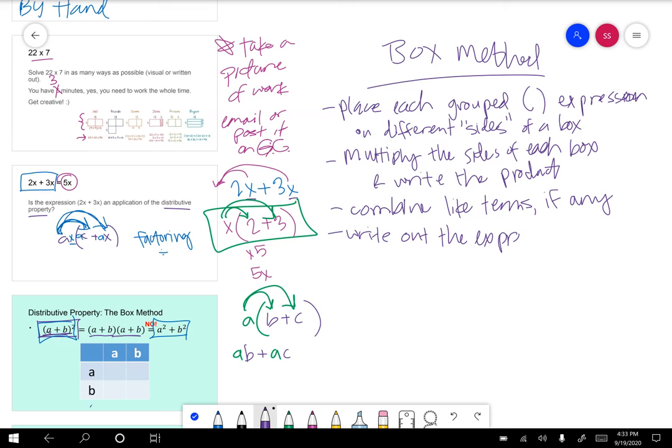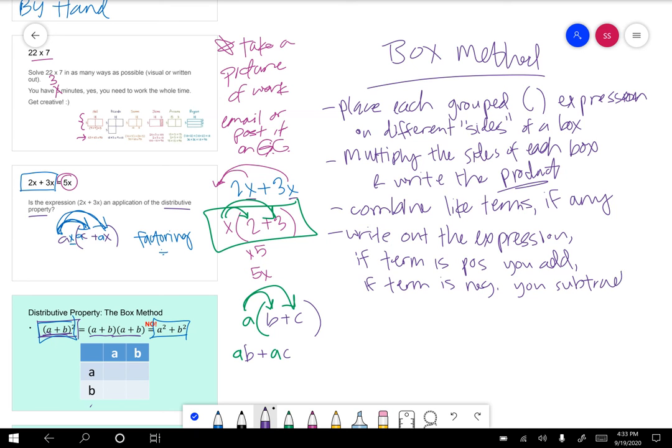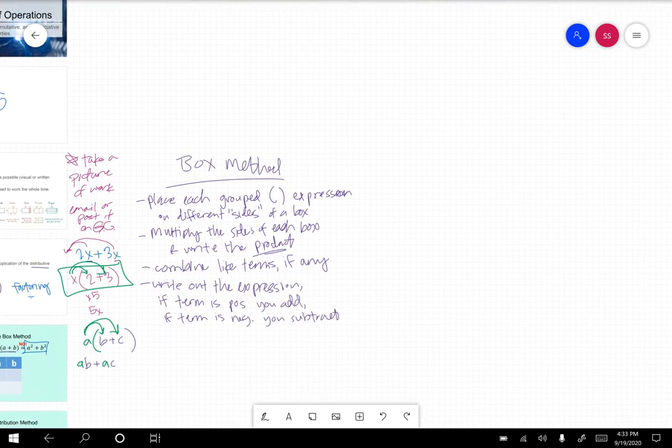I know my handwriting's not the best while I'm writing on this tablet, but okay. If the product term is positive, you add. If the term is negative, you subtract. Okay, now let's go over what all of that means in an example.